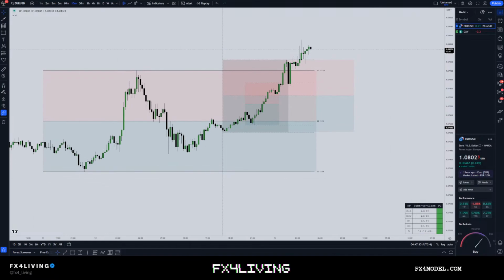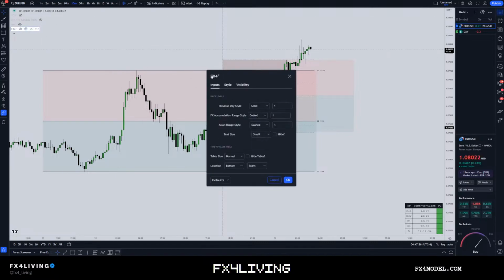I don't know if people have questions that I can answer just before I leave. What is the name? It's gonna be FX4 model, my indicator. If you try to find that, it's not online. I mean, it's online, but it's private for now, because we still find a couple of small bugs, but it's not that crazy.